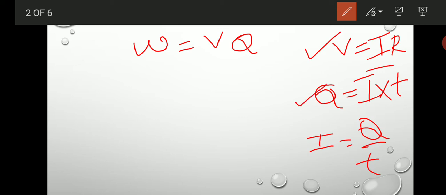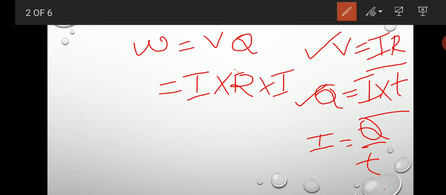Now these terms I'll substitute here. Okay, let's see what happens. So V is equal to I into R, and Q is the product of I into T, that is current and time.